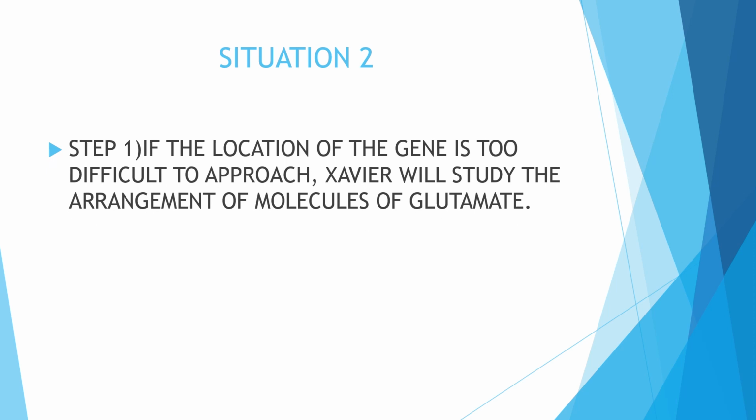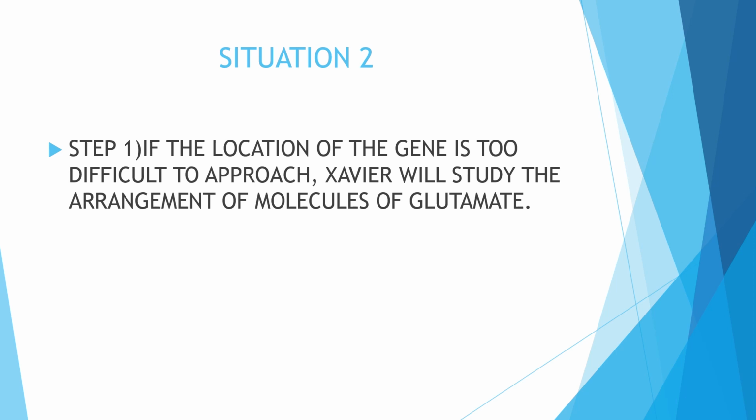Situation 2. If the gene is too difficult to approach, which means that the location of the gene is too sensitive, for example, a glitch in approaching the gene will cause severe damage to the patient, Xavier won't risk the gene editing of this gene. In such a case, he would try to overcome the deficiency of the glutamate protein.